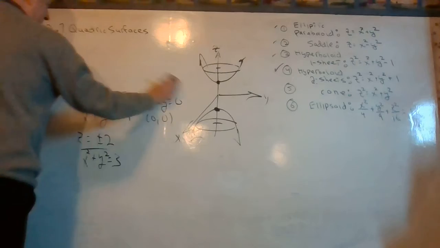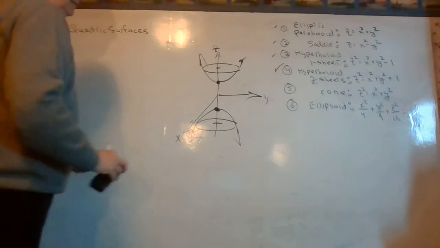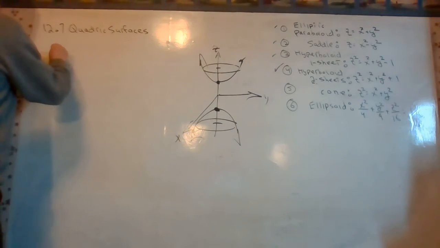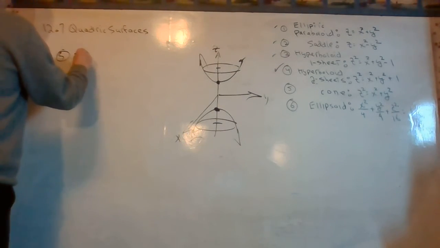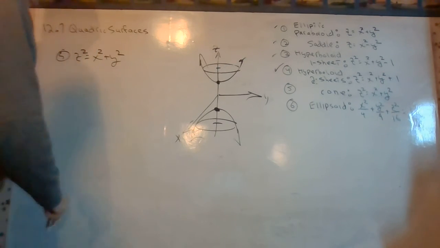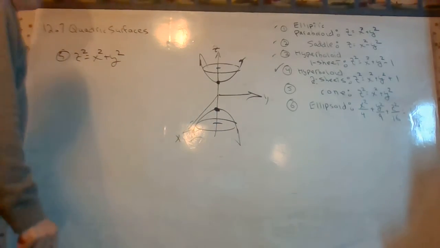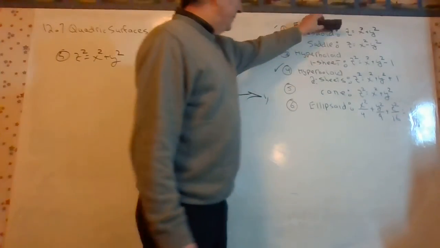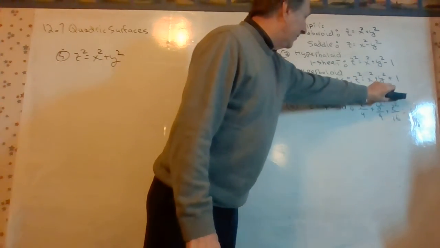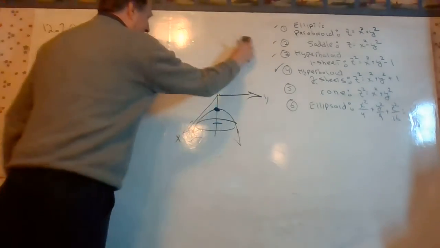So, okay, cone. z squared equals x squared plus y squared. Looks a lot like this, but z is squared. And it looks a lot like these two, but there's no plus 1 or minus 1 on the end. This gives us an elliptic cone.